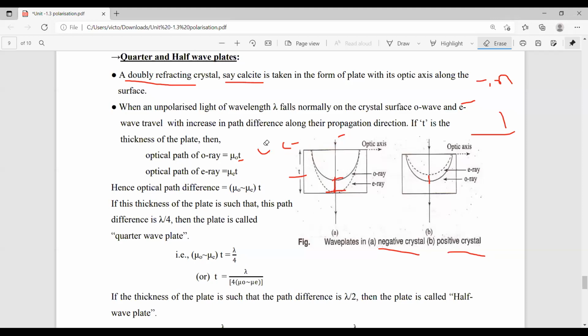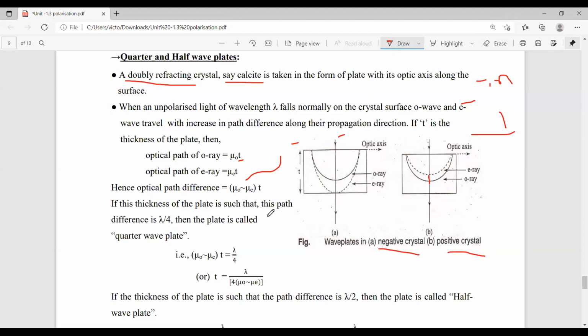That means this formula can change depending upon the type of crystal. That's why we cannot use a direct minus symbol, we just use a difference symbol. If it is a negative crystal, the formula is mu E minus mu naught. If it is a positive crystal, the formula is mu naught minus mu E. So this is the path difference between the E ray and O ray.